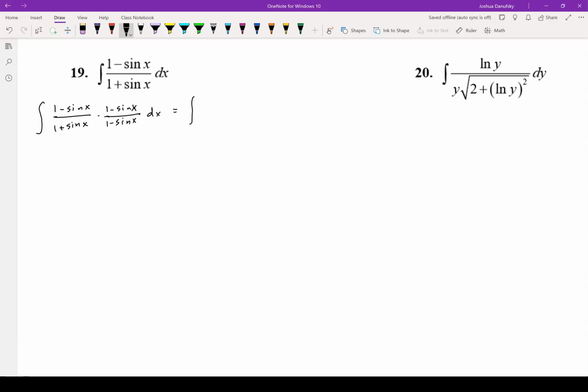So in the numerator, we get 1 minus 2 sine x plus sine squared x all over 1 minus sine squared x dx.